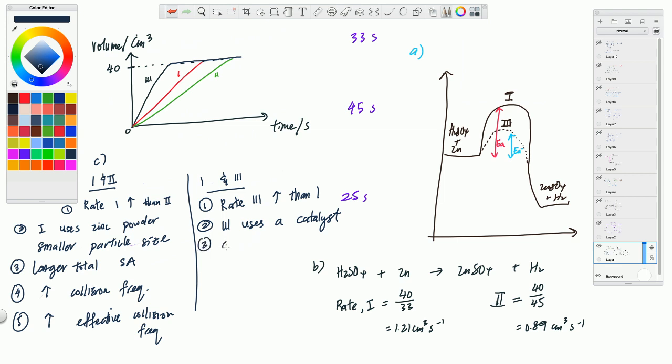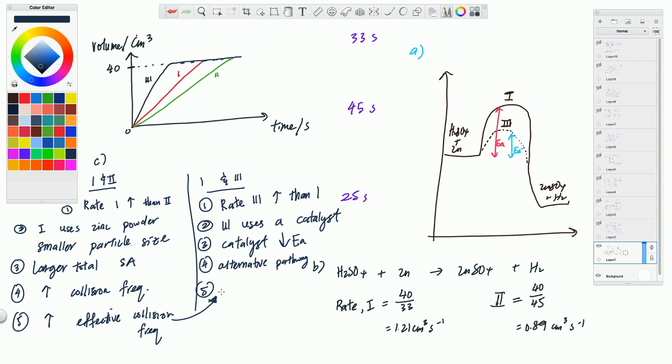And then catalyst lowers activation energy, and then you can talk about a pathway using less energy. So it provides an alternative pathway for the reaction to occur. Now, in this case, the collision frequency doesn't increase, but the effective collision frequency increases. So you just repeat the same point again. So just like that, you get 10 marks.